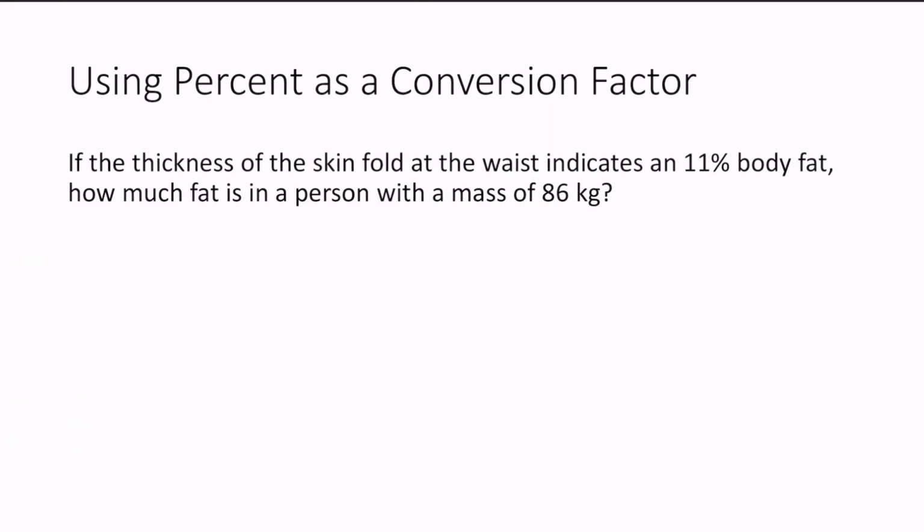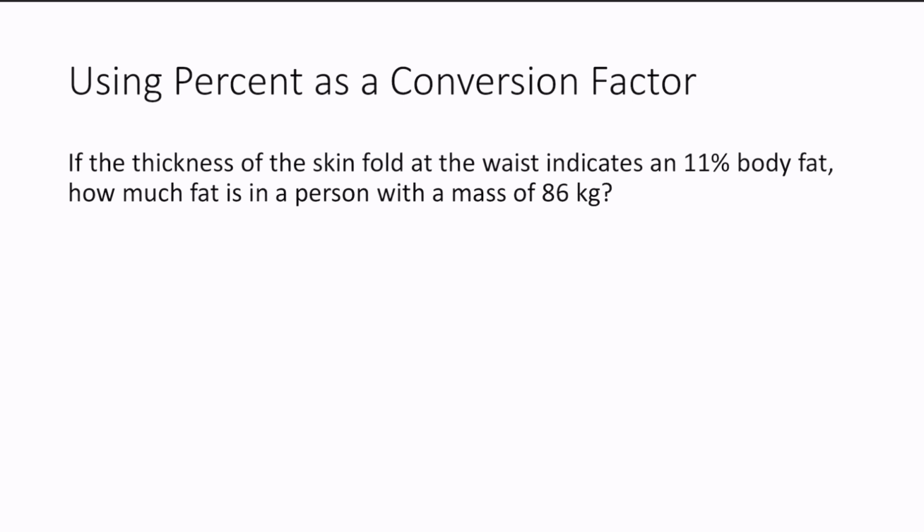All right, let's look at how we can use percentages as conversion factors. If the thickness of the skin fold at the waistline indicates an 11% body fat, how much fat is in a person with a mass of 86 kilograms?